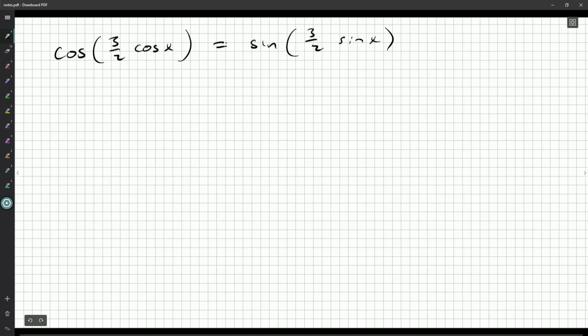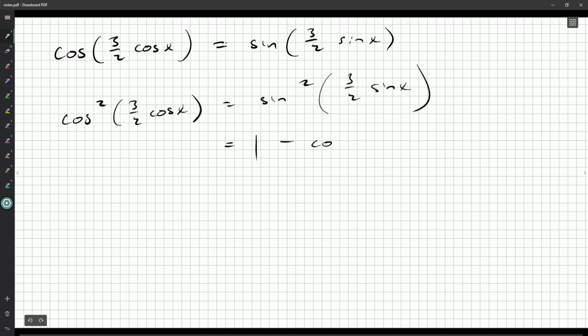I will try it. Do I want to get rid of the cos or the sine? Well, we'll try the sine. Maybe we'll have to get rid of the cos for another reason. Okay, so I get a cos squared and then another cos squared is equal to 1.